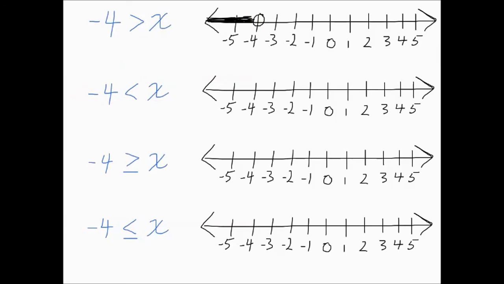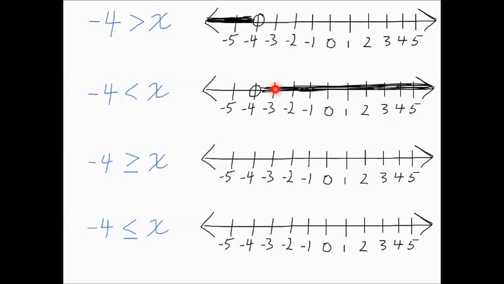Over here, x is on the side with the mouth, which means it is bigger. It is greater than -4. So we're going to put an open circle above -4 and shade everything to the right. So we don't know what x is, but we know that it's bigger than -4.